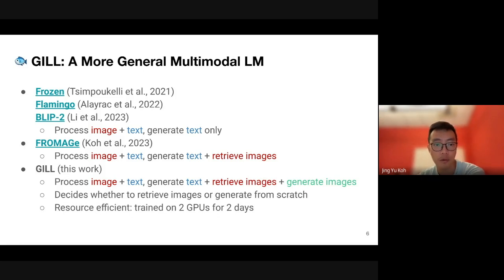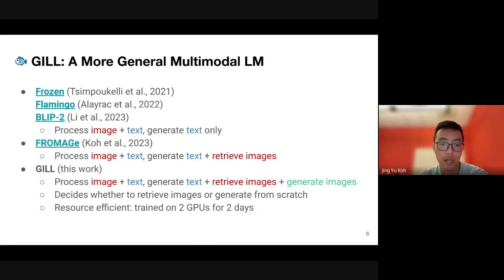One of our previous approaches, FROMAGe, is one method towards multimodal language models that can also produce images. FROMAGe is a model that can process image and text inputs. It can generate text and retrieve images, and it can interleave retrieved images with generated text to produce compelling multimodal dialogue-like outputs. In this work, we extend these previous models.